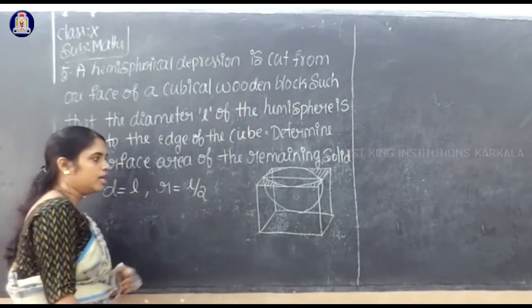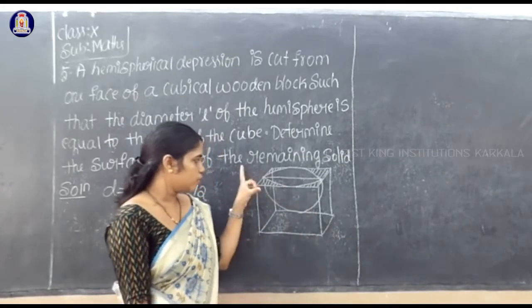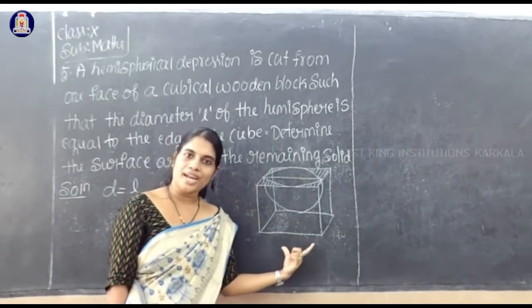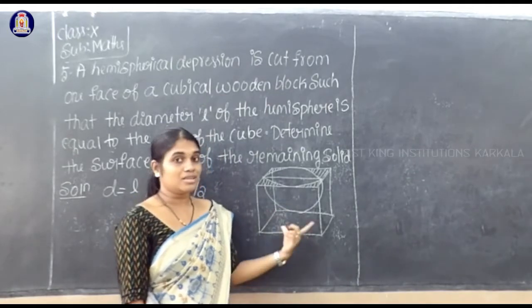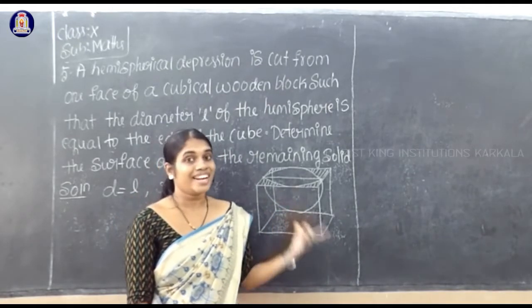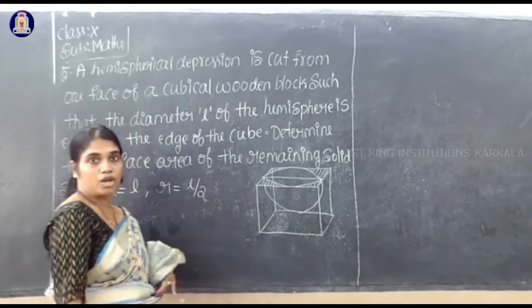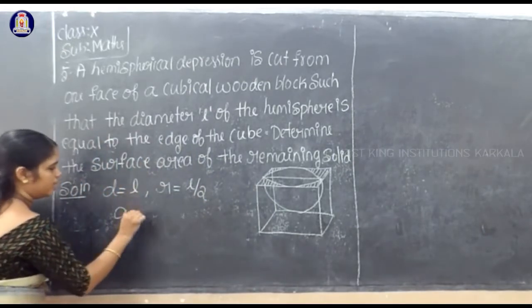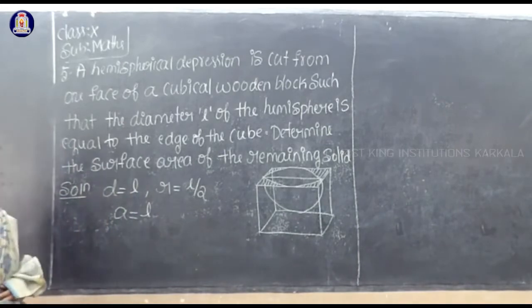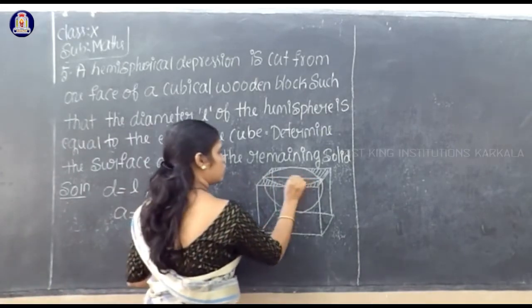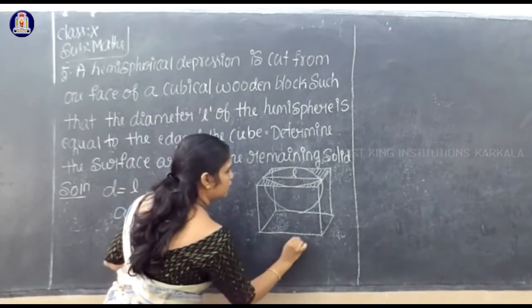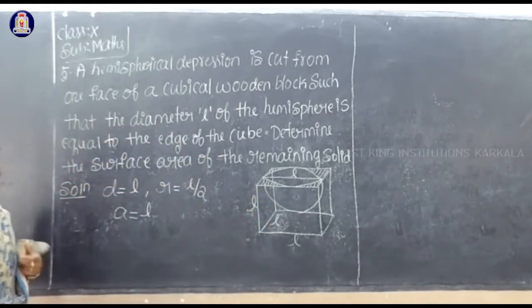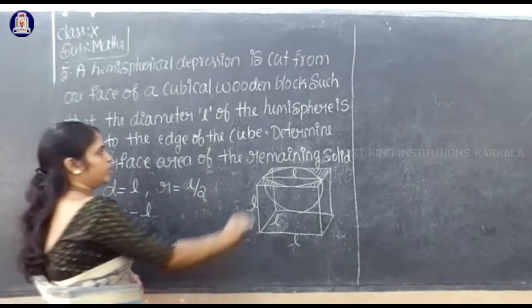The symbol we use for the edge of the cube is small a. So a is equal to L. Here diameter is equal to L, and edge is also equal to L.